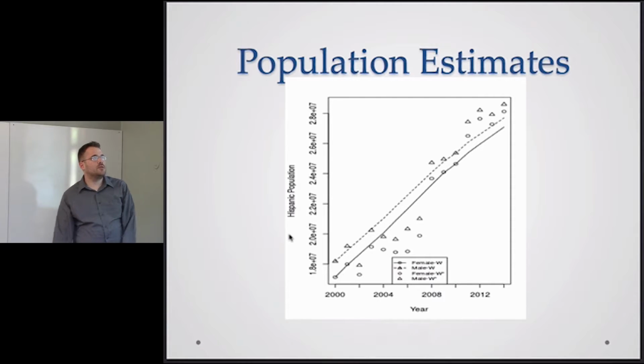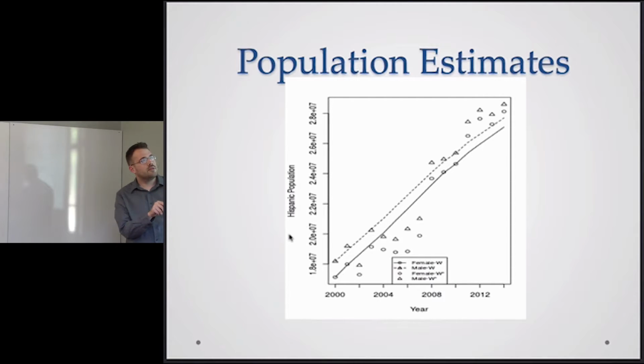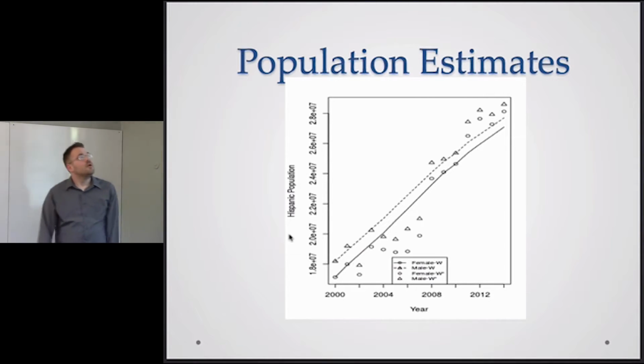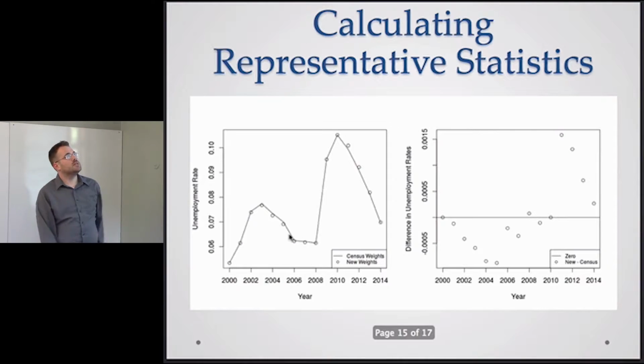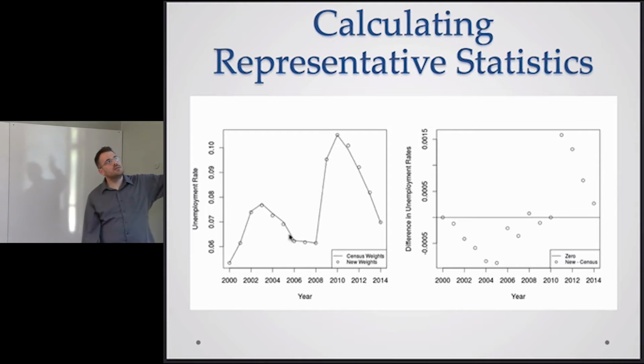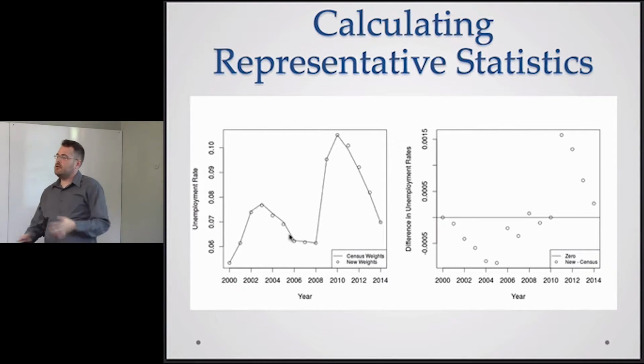And for Hispanic, you see the census overcounting the Hispanic population through 2006 or 8, and then slightly undercounting it later. The last thing I do is use the difference in these population estimates to create two sets of population statistics that are representative by race, ethnicity, and sex.